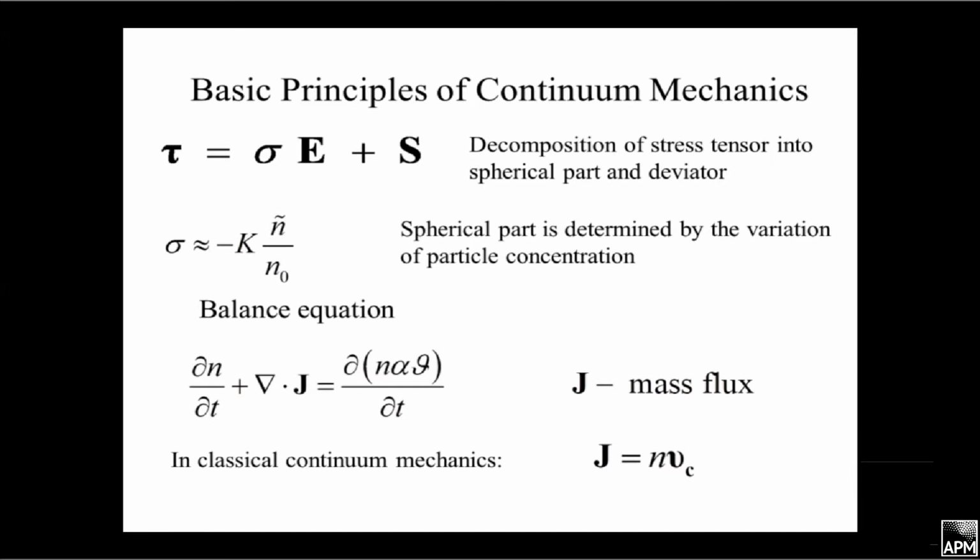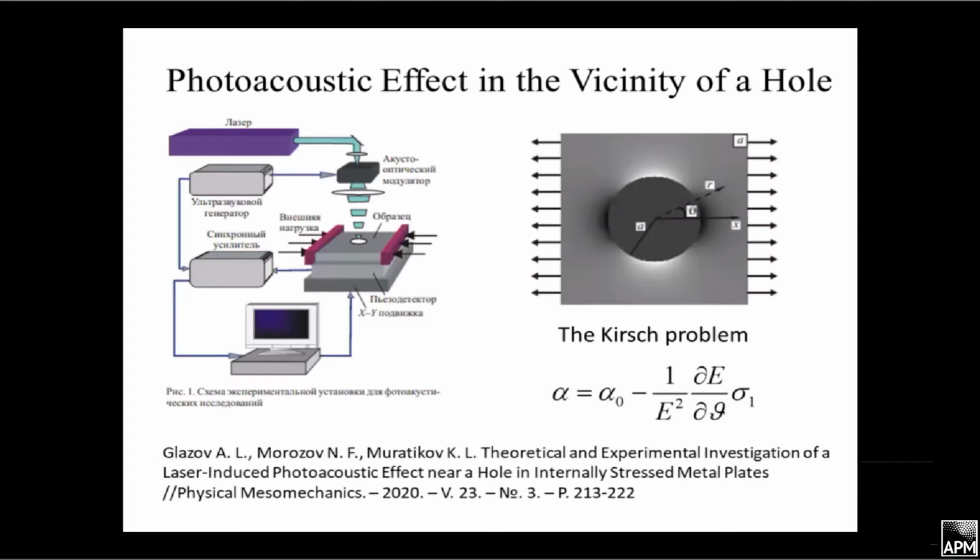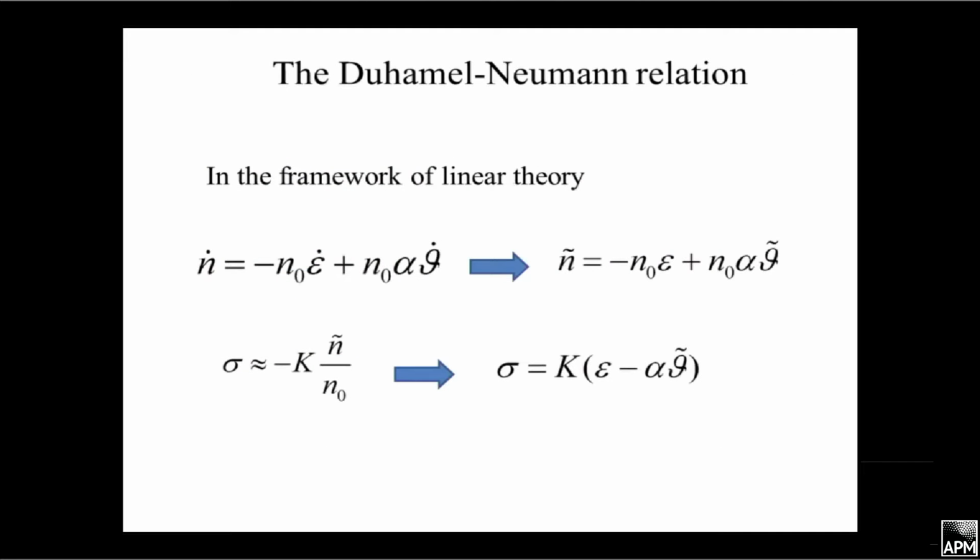And from the balance equation, if we take into account the source term on the right-hand side of this equation, we actually obtain, in the framework of linear theory, the Duhamel-Neumann relation.